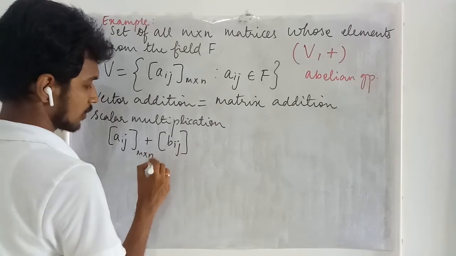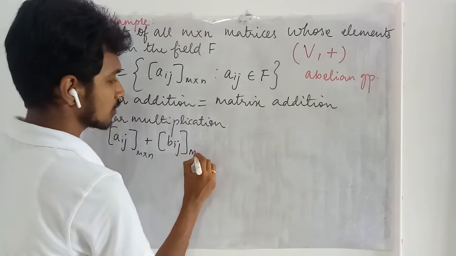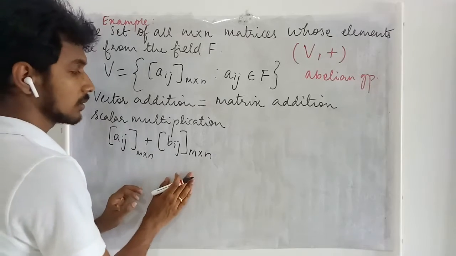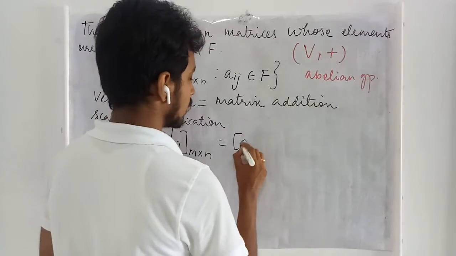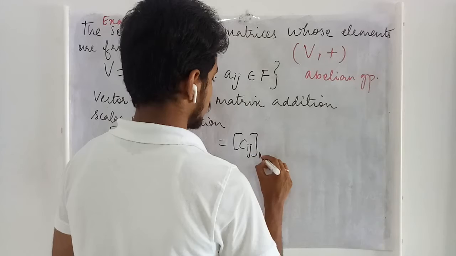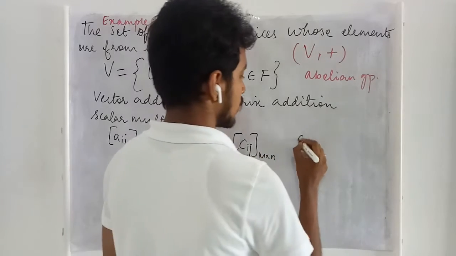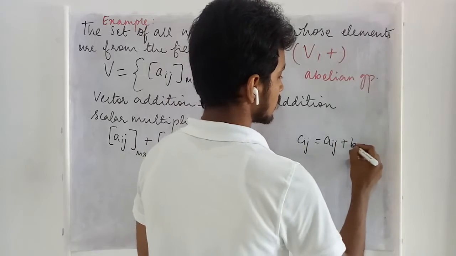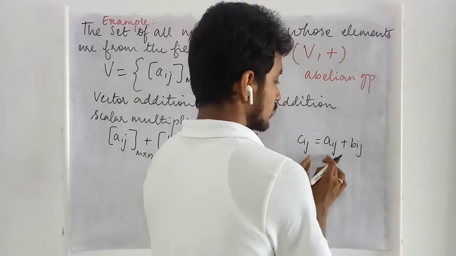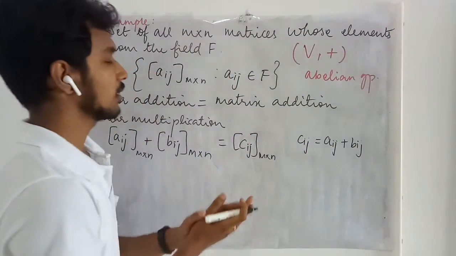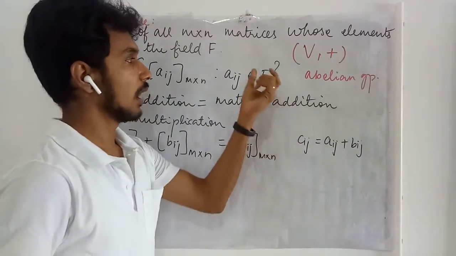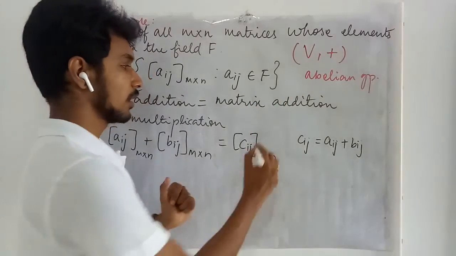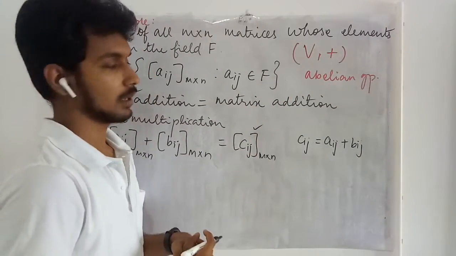This is an element taken from V. This is also an element taken from V. Therefore, the addition of these two matrices is well defined, and that is going to be something Cij. It is also of the order m cross n, where each element Cij is Aij plus Bij. These Aij and Bij are the entries taken from F, and F is a field. The addition is true and the result is also in F. This proves the closure.